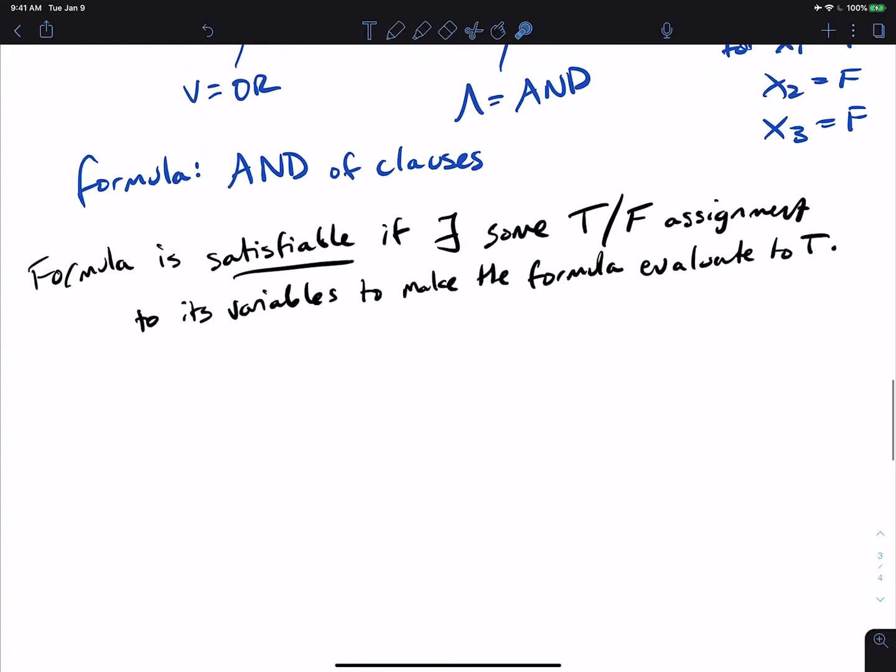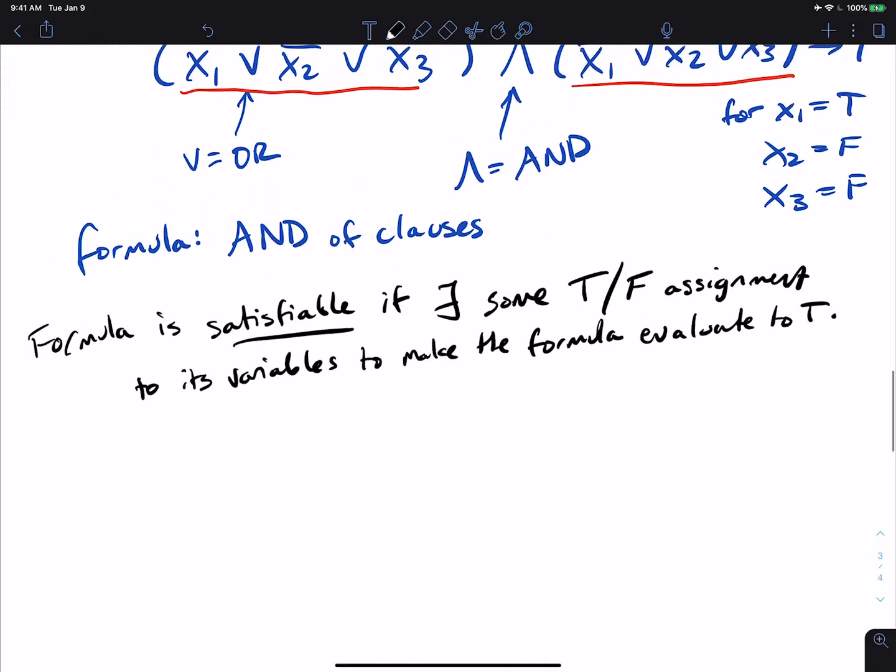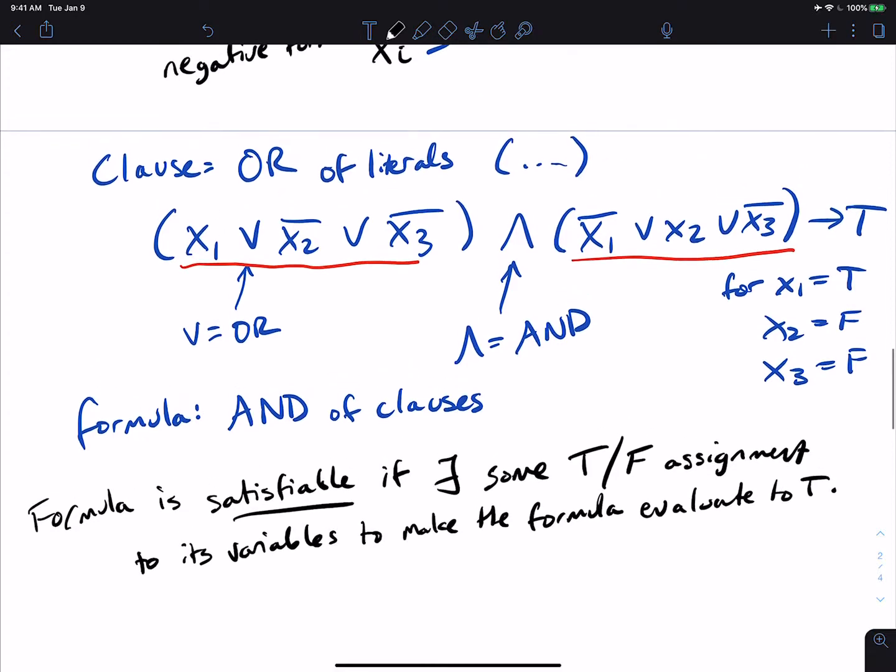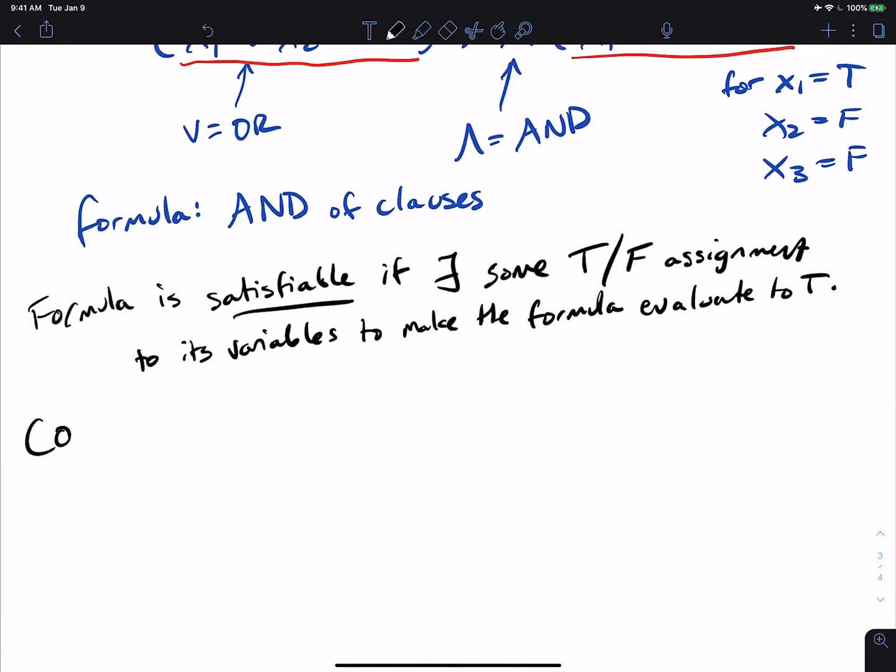Okay, so then what is the CNF-SAT? One thing I should say. Whenever we have these ands of clauses, this is something called conjunctive normal form. So it's not Chomsky normal form. It's just unfortunate that we both call them CNF. You just have to figure out whether you're talking about Chomsky normal form or this normal form.